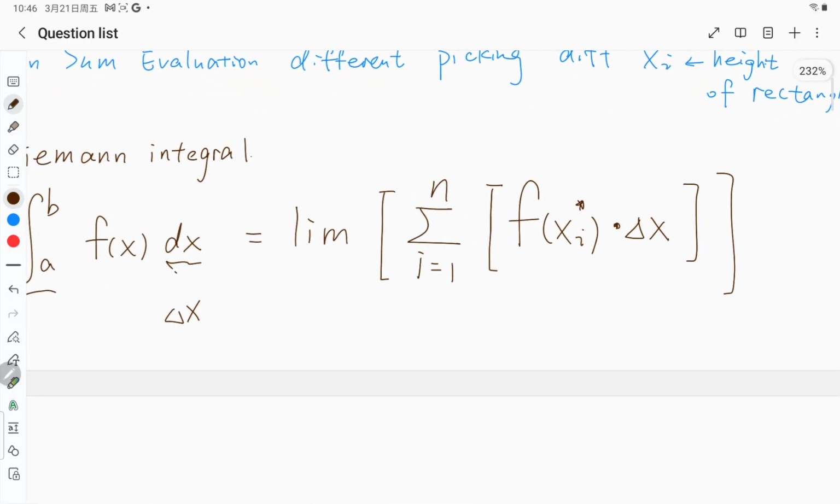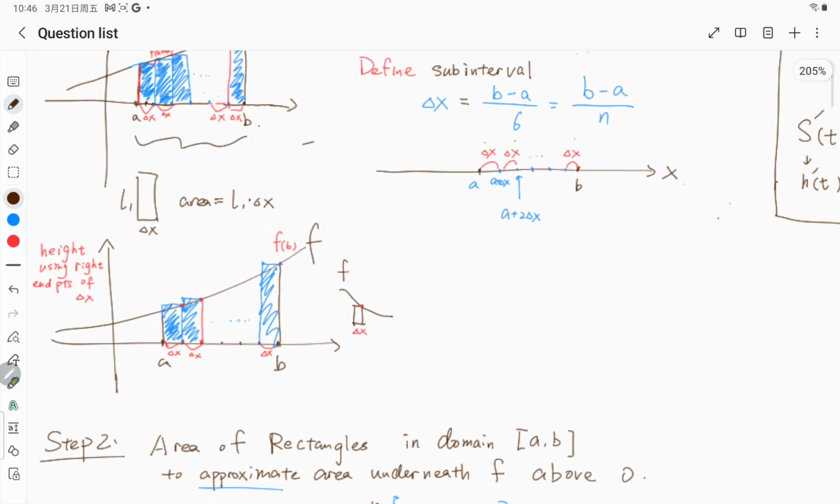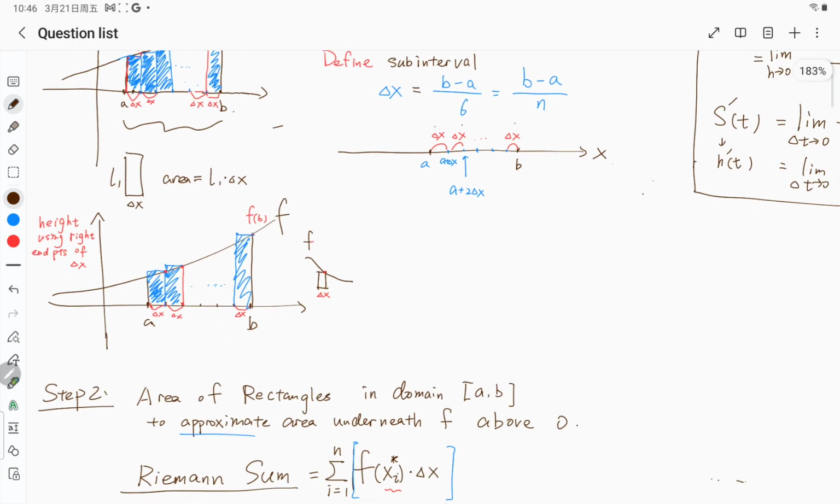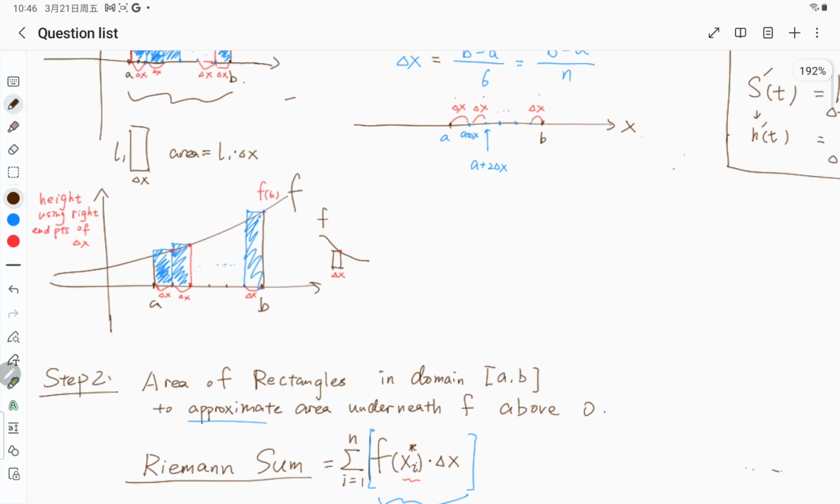You don't need to write all partitions when you write a problem, but a rigorous definition, like when you go to university, is taking all partitions, but we take n goes to infinity, so their limit. So no matter how you calculate the rectangles, when you take the limit n, it'll be approaching the actual area of this smooth curve.